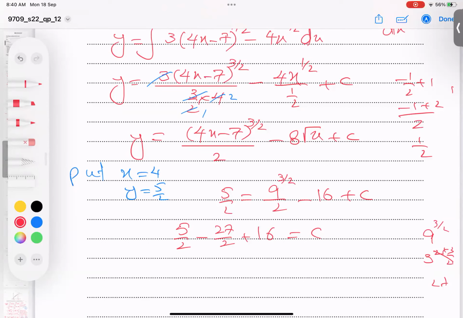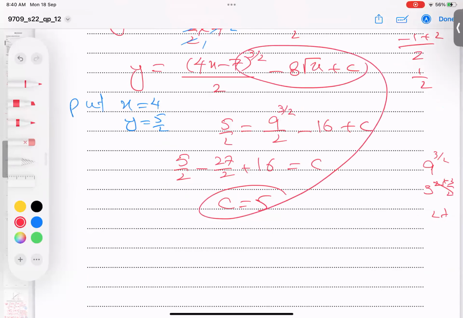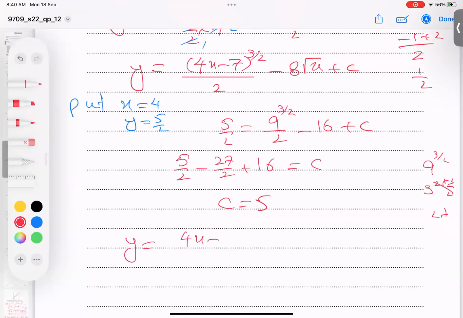So the C value after solving is 5. Don't leave it here, plug it back into the equation. So I finally get the answer: 4x minus 7 to the power 3 by 2, minus 8 root of x, plus 5. And this is our final answer.